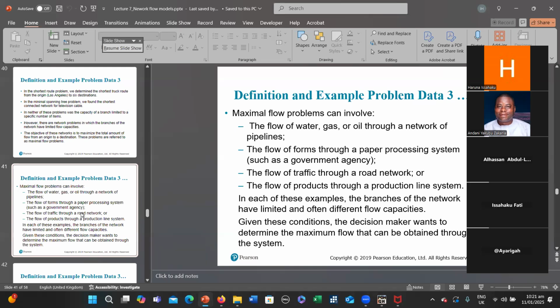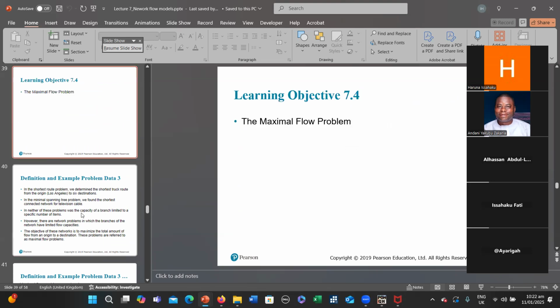Those are dealt with under maximal flow problem. For instance, flow of water, gas, or oil through a network of pipelines, flow of forms through a paper processing system, flow of traffic through a road network, flow of products through a production line system. Those can be analyzed using maximal flow, but we will not go into that. If you are curious, you can look into that.